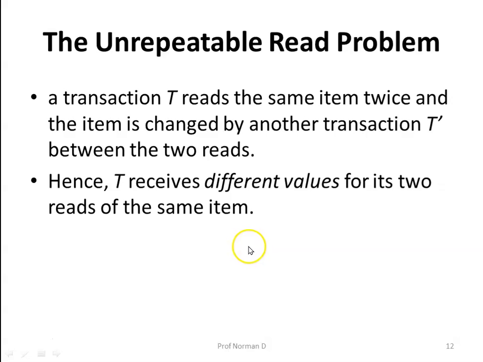Consider an example of an airline reservation transaction. A customer inquires about seat availability on several flights. When the customer decides on a particular flight, the transaction then reads the number of seats on that flight a second time before completing the reservation. In this case, it may end up reading a different value for that item.